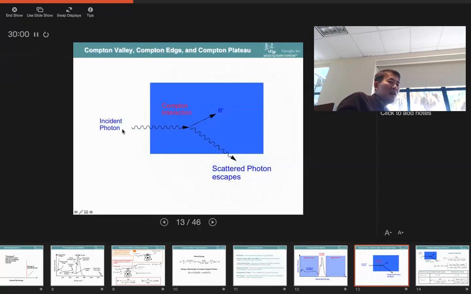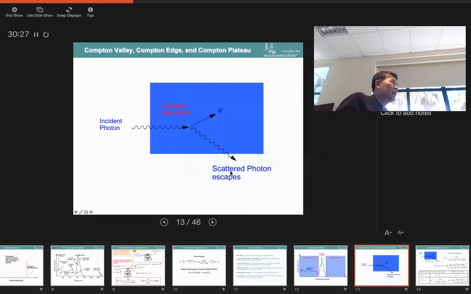But what if a lower energy photon escapes from the detector, meaning that this amount of energy is not recorded by the detector? So there is still a signal, but the signal measures a lower amount of energy because of the loss of the scattered photon.